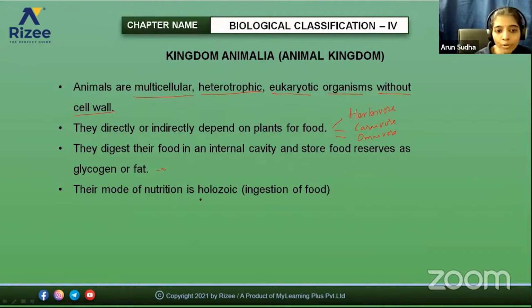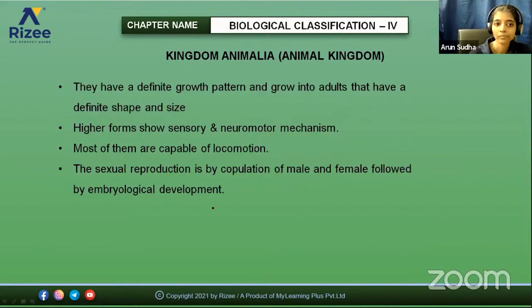The mode of nutrition in the case of animals is holozoic, that is, the ingestion of food. Then they have a definite growth pattern and grow into adults that have a definite shape and size. How are they getting the definite shape and size?